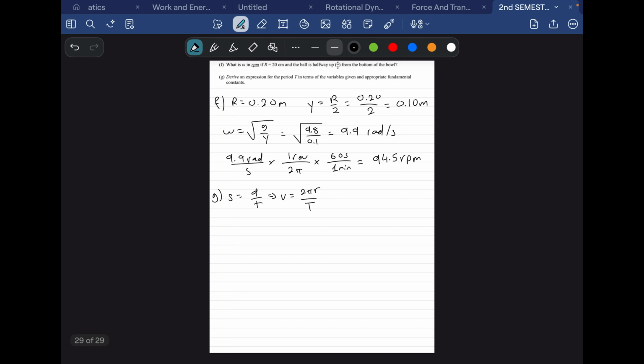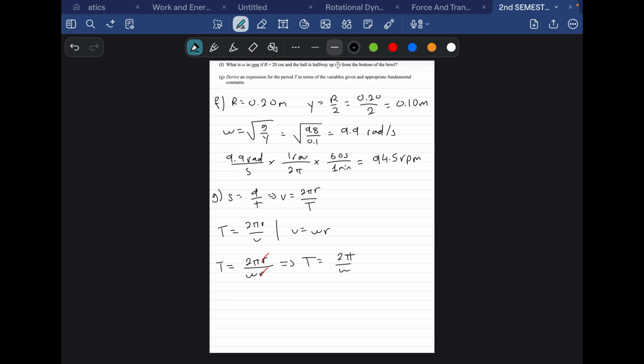Then move T and v around to get this equation. Right, and then we know that v is equal to omega r, so I'll plug it in. And then r, lowercase r, cancels out. So you get T is equal to 2 pi over omega.